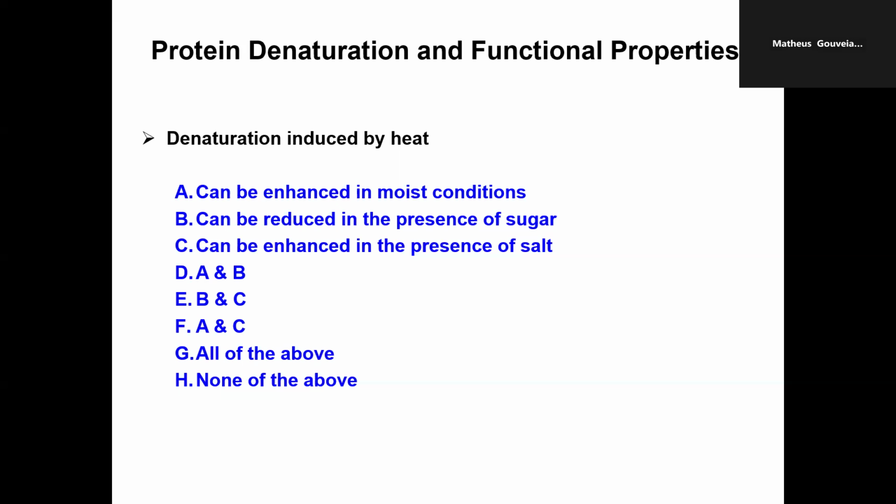Some salts can be cosmotropes, some salts can be chaotropes. But small molecular weight sugars are stabilizers. So in the presence of sugar, the denaturation temperature increases, causing stabilization. In the presence of salt, depending on the type and concentration, denaturation can be enhanced, so the denaturation temperature can be lower.